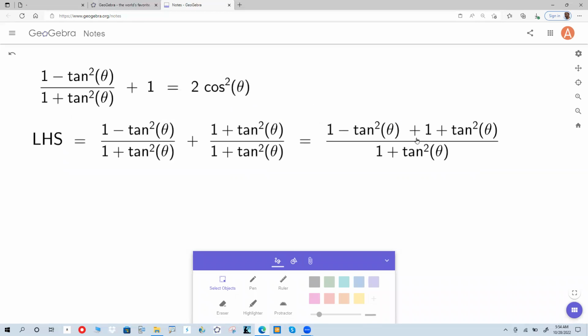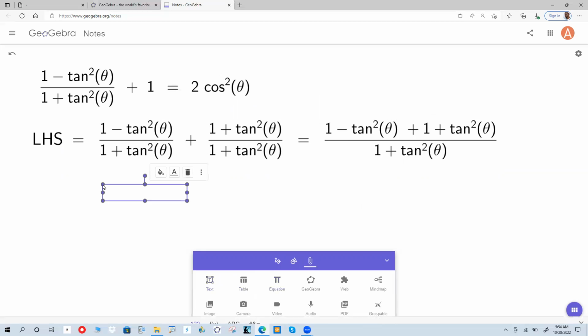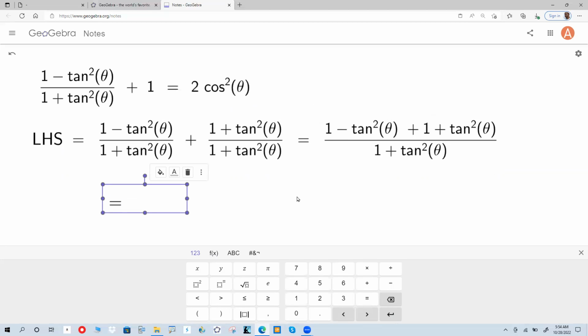And that looks pretty good to me because I can cancel this, and I will have 2 divided by 1 plus tan squared theta. And that's simpler, certainly. So I have 2 divided by 1 plus tan squared theta.